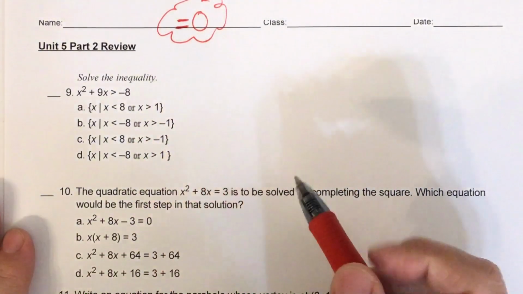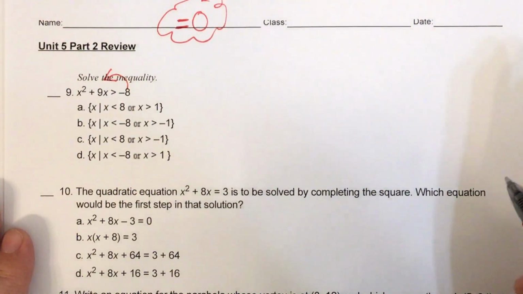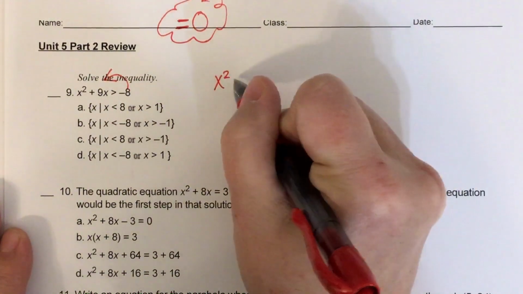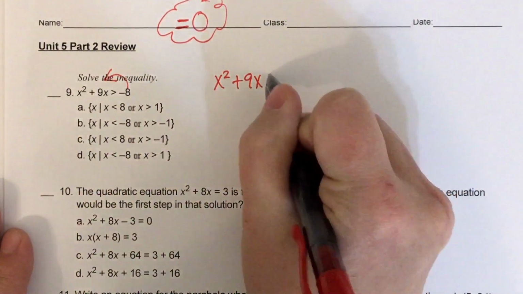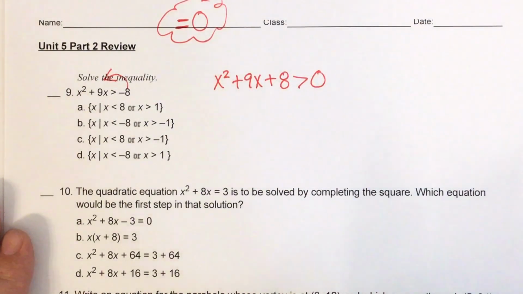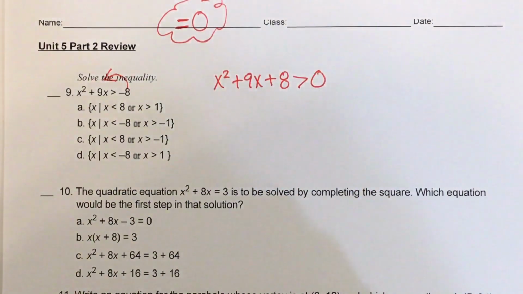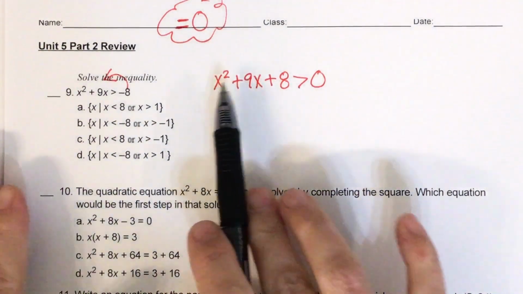Okay, so to make this say equals 0, I need to move my negative 8 to the left. So I would have x squared plus 9x, and then to move a negative 8, I would have to add it. And now it's going to have a 0. So first rule of factoring is to look for a GCF, and there's no GCF.